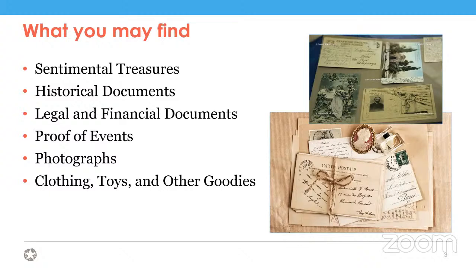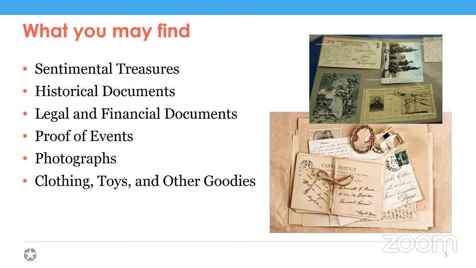You might have legal and financial documents that can also form a basis of your family archive, something that provides proof of events. You may have receipts or tickets of something that you attended, or trips and travel that you have done or that family members have done. You may have photographs, which many folks do. You may have some physical photographs.